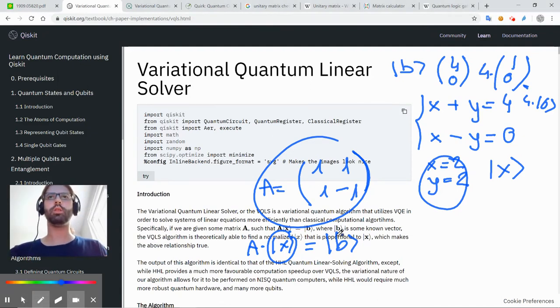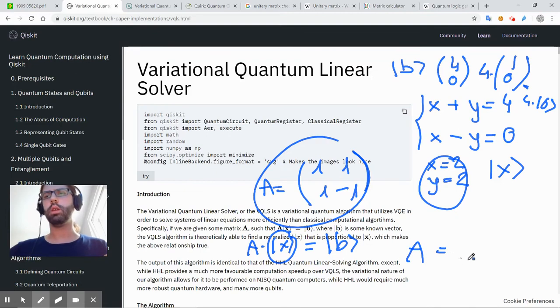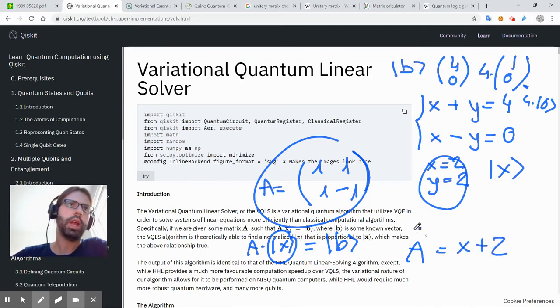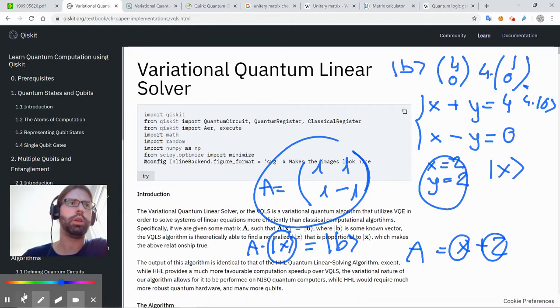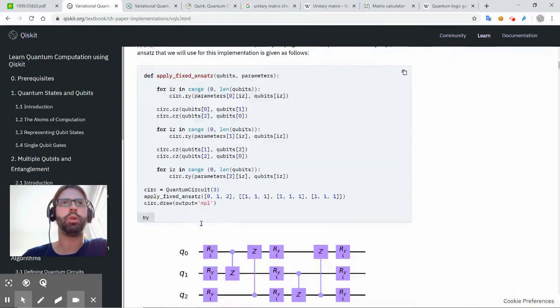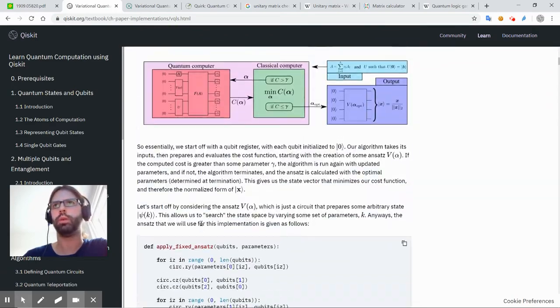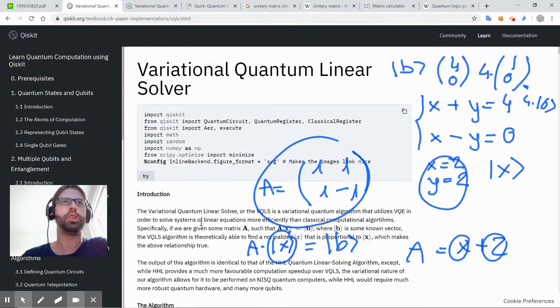So actually A is X plus Z. So this means we kind of have to do this twice, right? We have to do this one for this portion of A, and one for this portion of A, and then add up the stuff, right? I think that's the way this is supposed to work. I don't know how the post processing is going to look afterwards. I haven't really checked it, or I did check, but I don't remember.